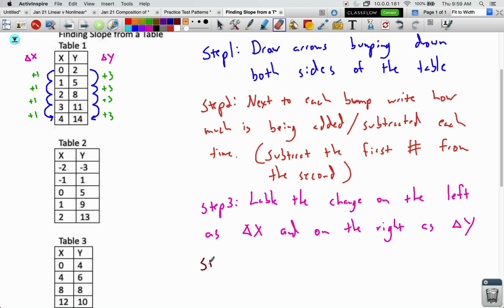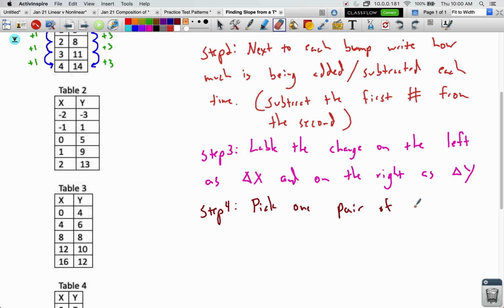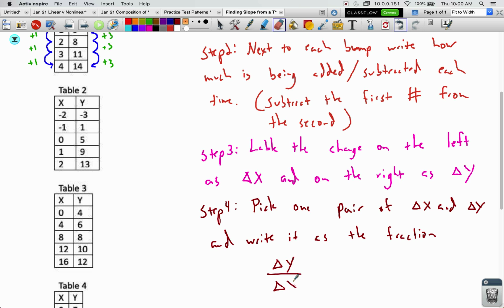All right, step 4 is pick one pair of delta x and delta y and write it as the fraction delta y over delta x.